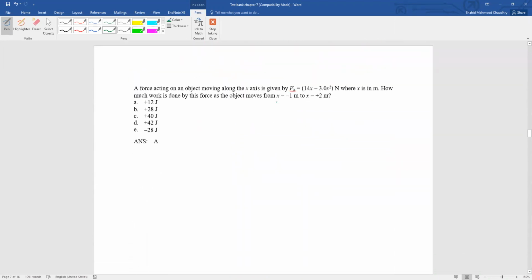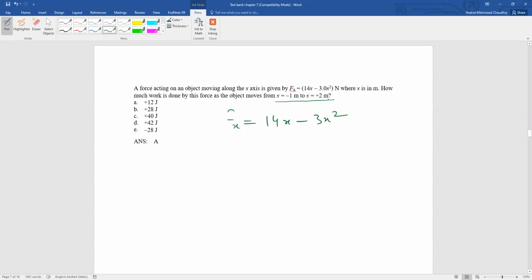Okay, after this, a force acting on an object moving along the x-axis is given by f of x equal to 14x minus 3x square, where x is in meter. How much work is done by this force as the object moves from x equal to minus 1 to x equal to 2?